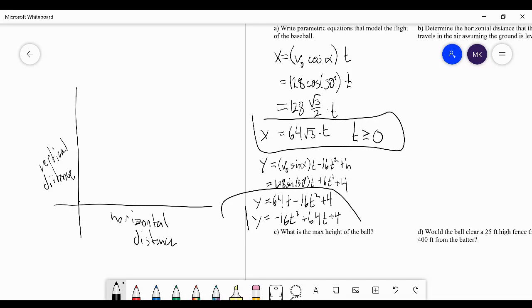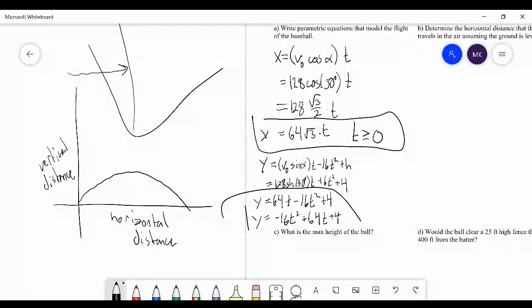I don't know exactly what our numbers are going to be, but it's going to go up and come down. And this is essentially exactly the same as if we were to get parallel to the path of the ball and look perpendicular at it. So if this is a baseball field, for those of you who know baseball, the ball's hit right here, we are looking directly at the side of this baseball.